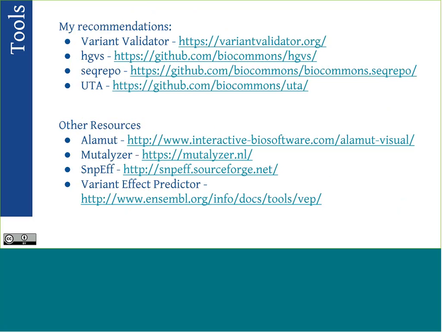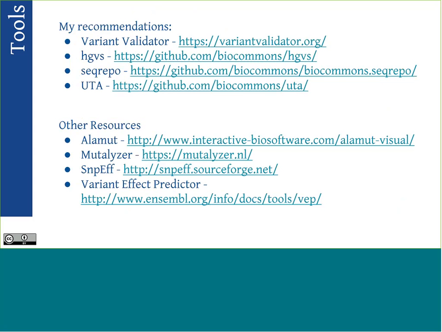Okay, so I think probably a lot of you know about tools, especially things like Mutalyzer. Just to highlight the ones that I've been involved with, and therefore a little bit the ones that I'd recommend, are the ones at the top here. So Variant Validator is a user interface, a lot like Mutalyzer in functionality, provided by actually another group, University of Leicester.